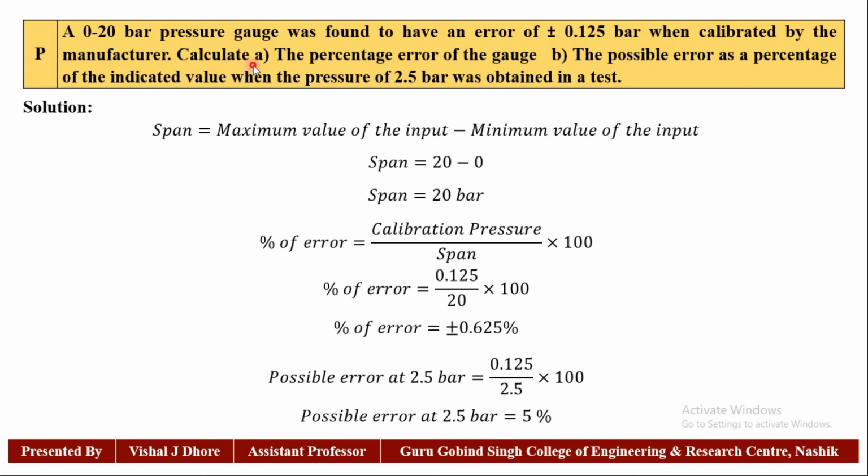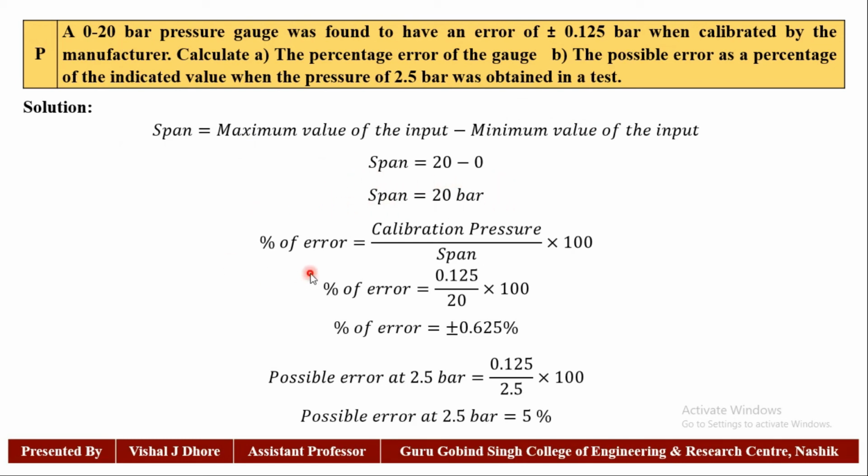Calculate (a) the percentage error of the gauge, and (b) the possible error as a percentage of the indicated value when a pressure of 2.5 bar was obtained in the test. First of all, we calculate the span. The maximum value is 20 bar and the minimum value is 0 bar, so the span is 20 minus 0, which is 20 bar.